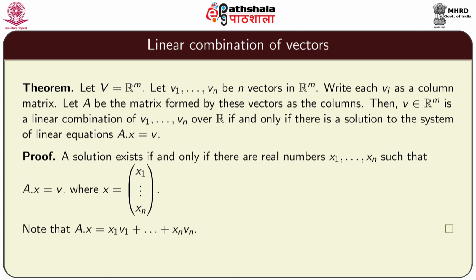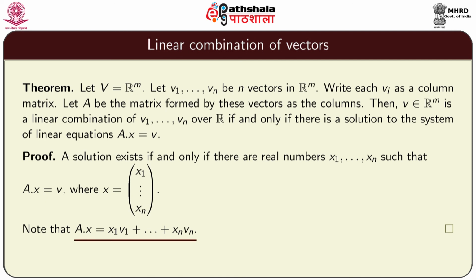Well, it is easy to see if we just rewrite A dot x. A solution exists to the system of equations A dot x is equal to V if and only if there are real numbers x1, x2, xn such that A dot x is equal to V, where x is nothing but this column matrix x1, x2, xn.